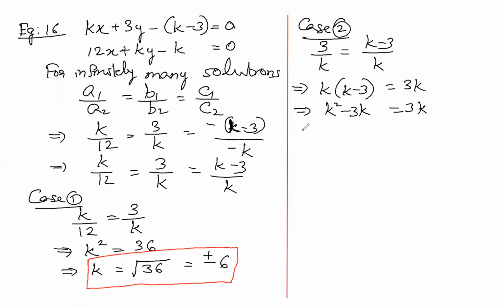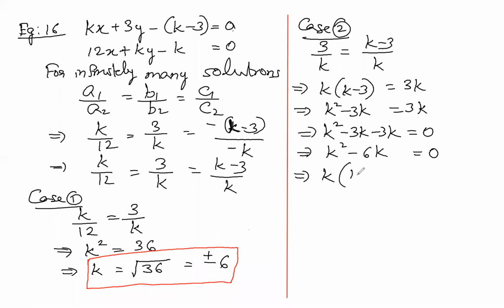We will bring this 3k to the left side. K square minus 3k minus 3k is equal to 0, or k square minus 6k equal to 0, so k into k minus 6 equal to 0. That means k is equal to 6. This is the second case solution.